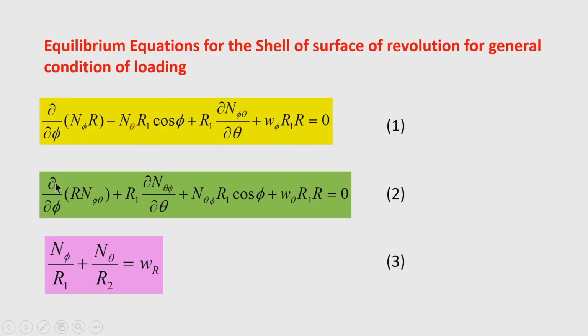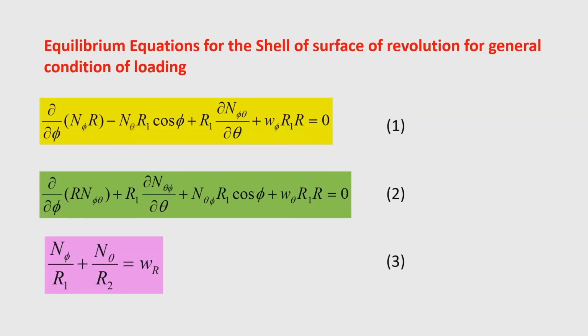Okay. So, now three equations of equilibrium we can state. One equilibrium equation, that is along the direction of tangent to the meridian, that is the phi direction, is the first equation, that is del by del phi n phi r minus n theta r 1 cos phi plus r 1 del n phi theta by del theta plus W phi r 1 r equal to 0.